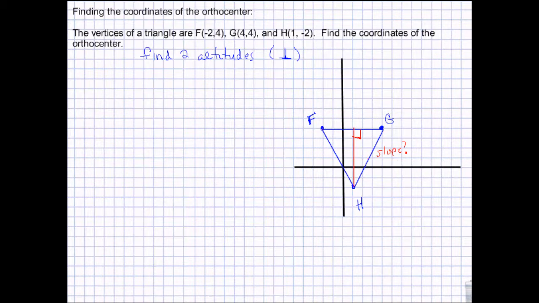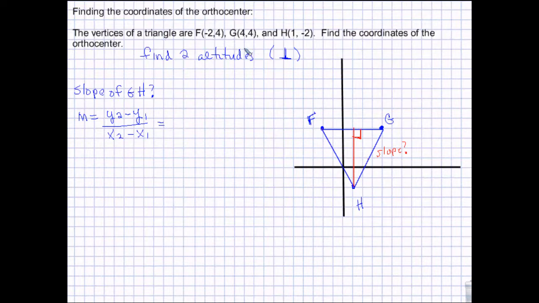So first I'm going to find the slope of GH. And the slope formula is I subtract the y's and I subtract the x's.